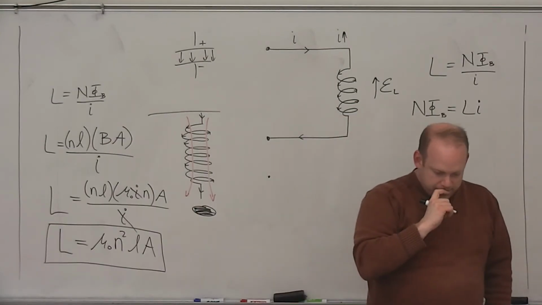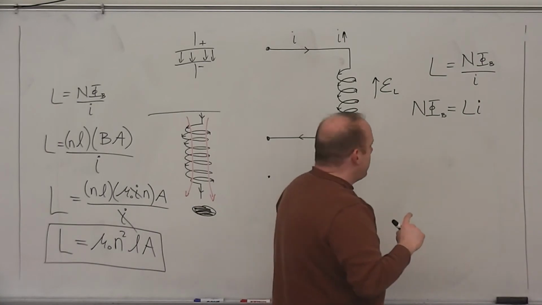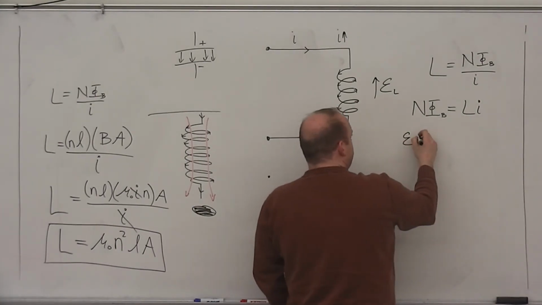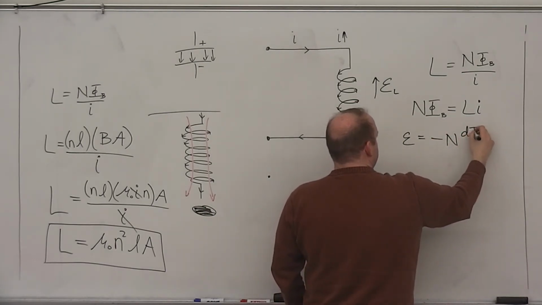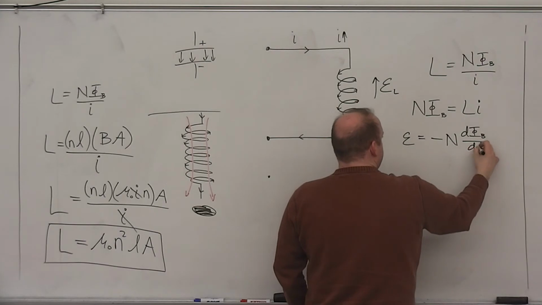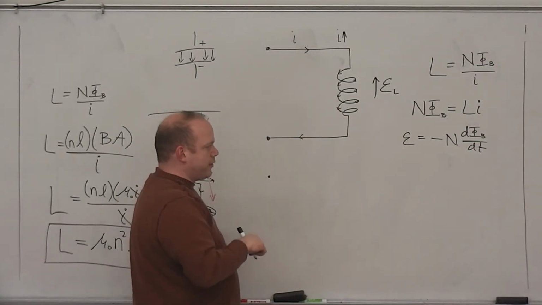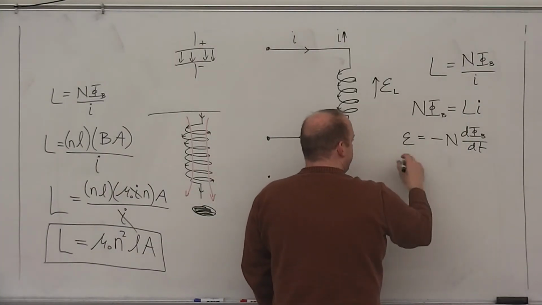Now, again, the EMF that's produced here will equal negative N d phi B dt. Just as, and you pull the N out because the N is not changing, the number of turns. L is not going to change, so that will be a constant.